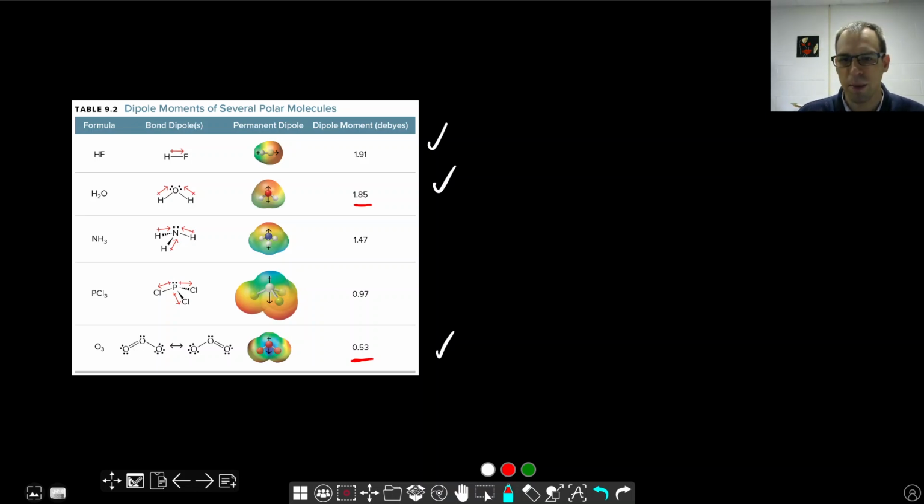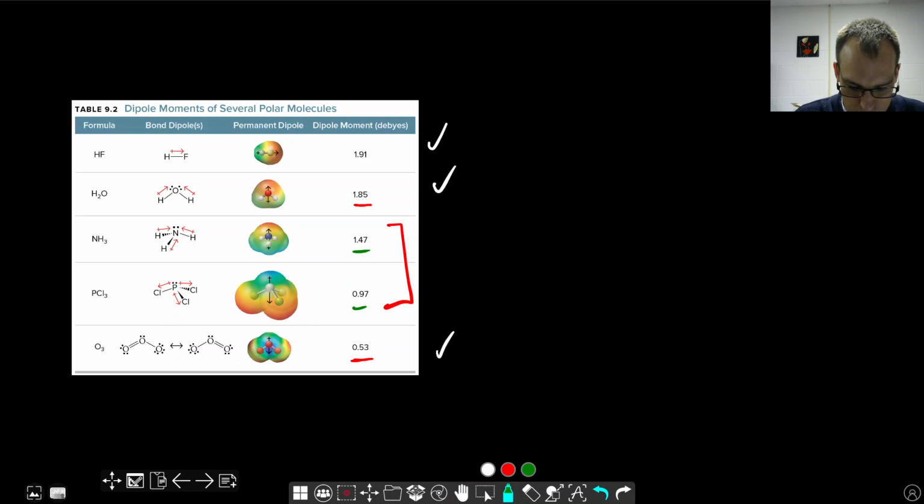We can look at another couple here with ammonia and phosphorus trichloride. These are both polar molecules because of, again, an imbalance in the electronegativities here. And these have tetrahedral electron pair geometries, but their molecular geometries are both trigonal pyramidal. Now, one thing we can see is there's a difference in the polarity. The values of the dipole moments are different.